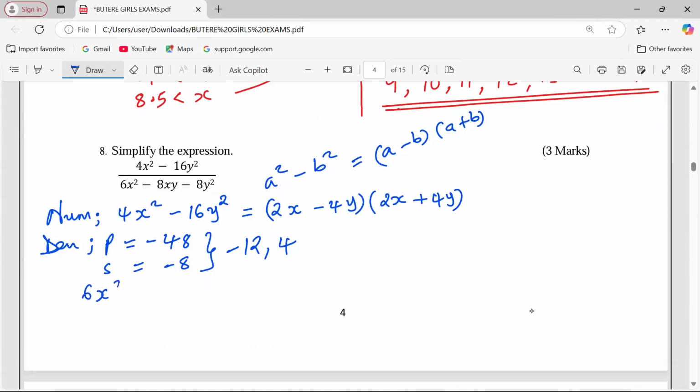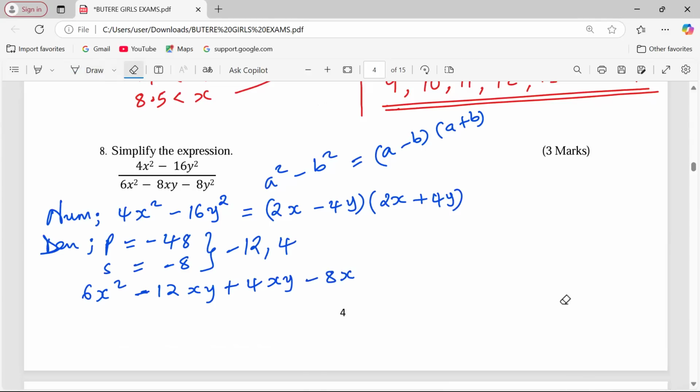6x squared minus 12xy plus 4xy. So I've just split negative 8xy into negative 12 and positive 4. So I've not changed the meaning of the statement.